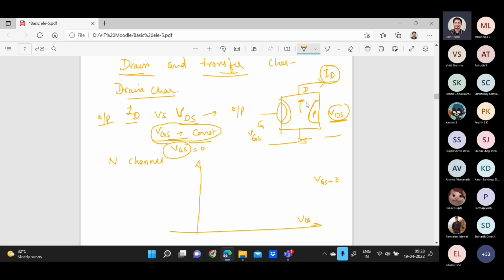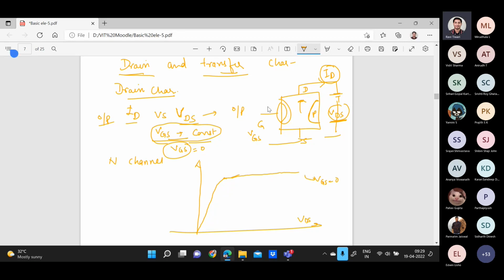More electrons will flow, since the drain is positive and attracts the electrons, so the current rises linearly. At this point, because of internal resistance as the electrons move fast, the current saturates. After the pinch-off voltage, it will remain constant. This is the curve when VGS is equal to 0.